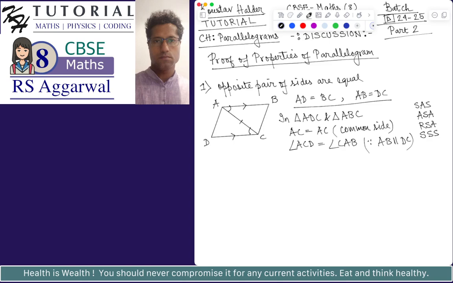Also, we know that AD is parallel to BC, that is, they are a pair of opposite sides, so they are parallel.